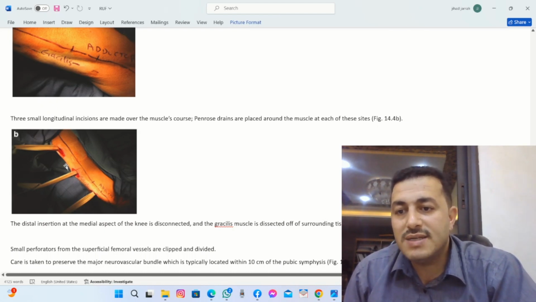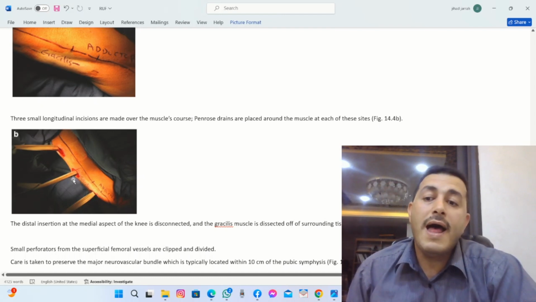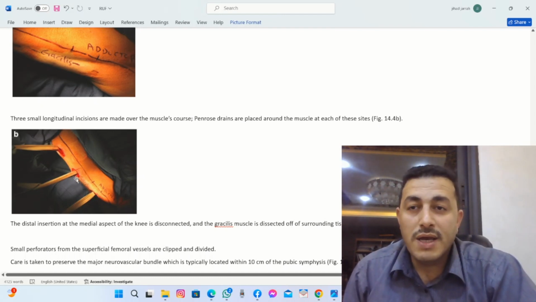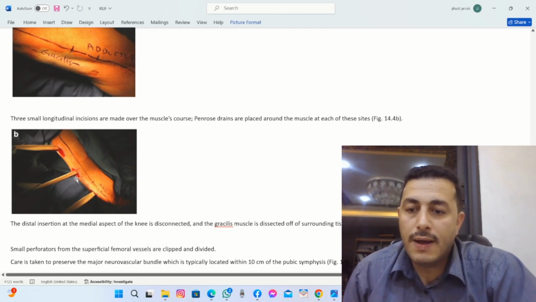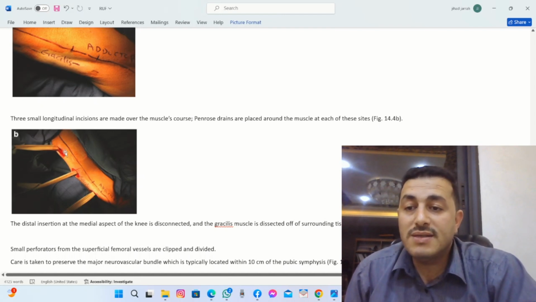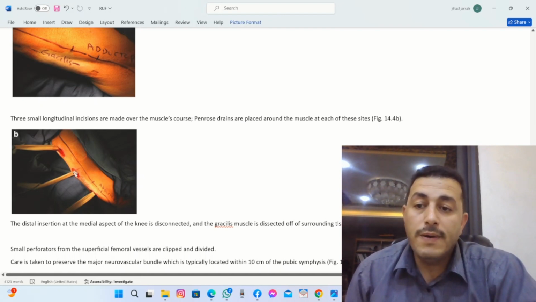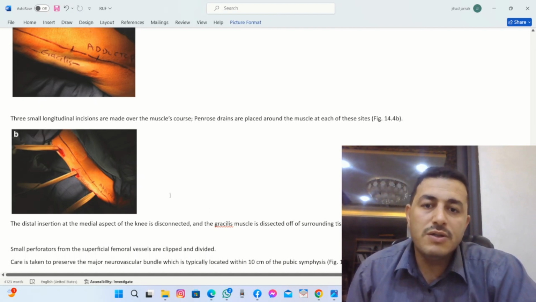We start to dissect the gracilis from the other structures through this incision, and we should be careful about the small perforators from the superficial femoral vessel. We clip them and dissect, and we start to bring this muscle more proximal toward the upper thigh.